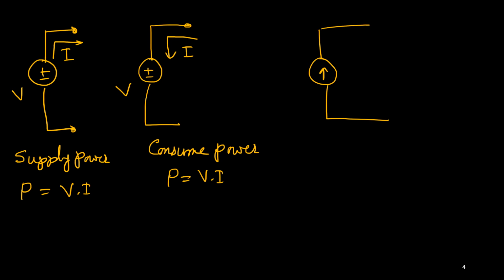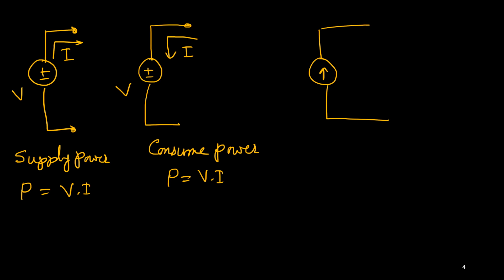So if from the plus terminal current is leaving, we'll consider power is supplied by the source. So here in this case voltage source will supply, but in the second case current is entering the plus terminal, that implies that that source has to consume the power, right?